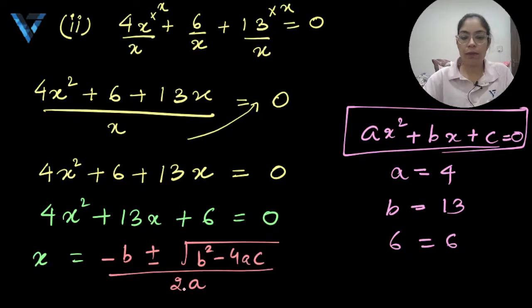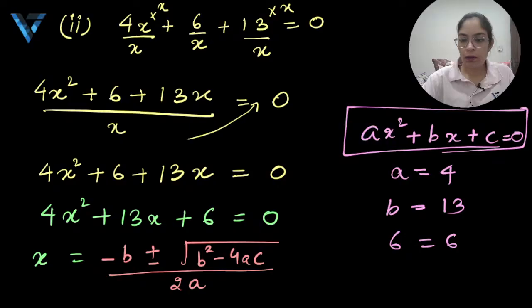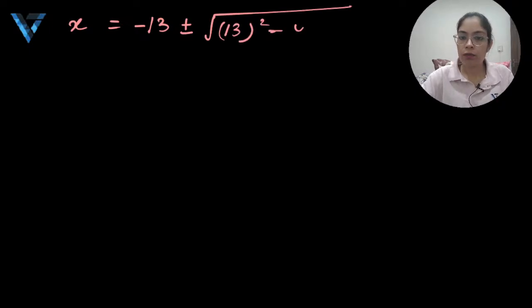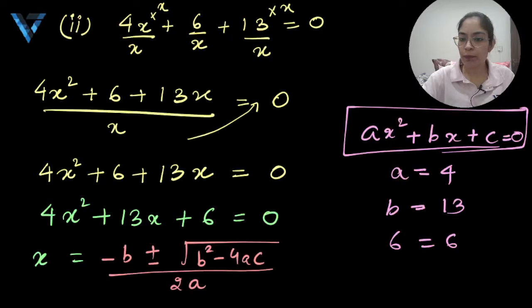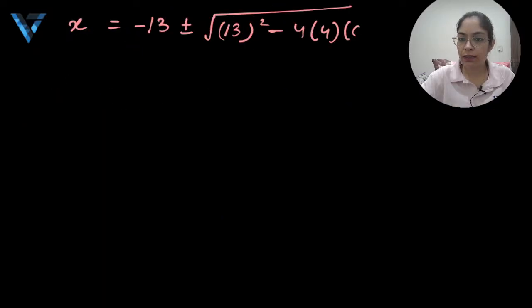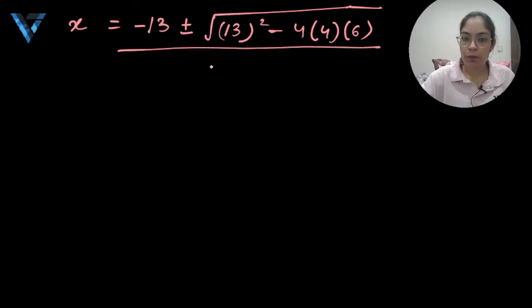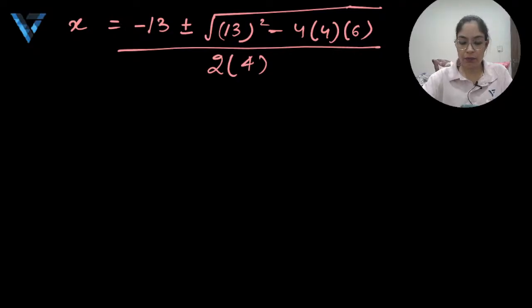So we can substitute the values now. x is equal to minus 13 plus and minus square root of 13 square minus 4 into a's value 4 and c's value 6, so 4 into 6, by 2a. A is 4. So correctly you have to substitute.